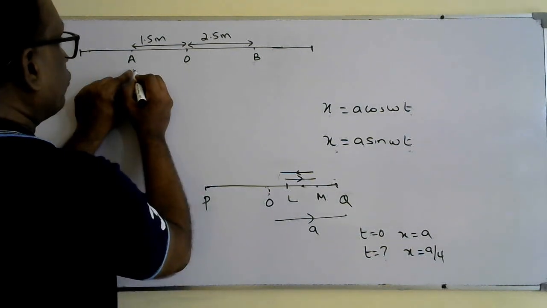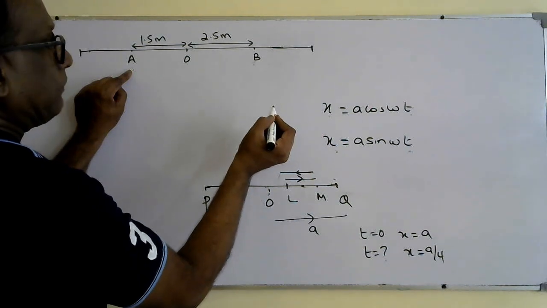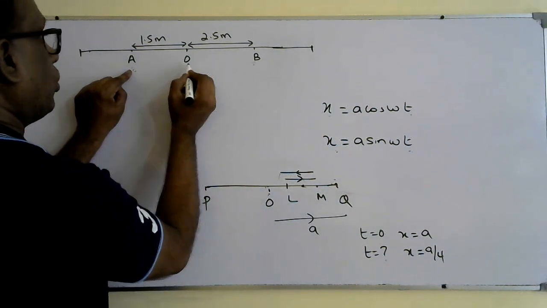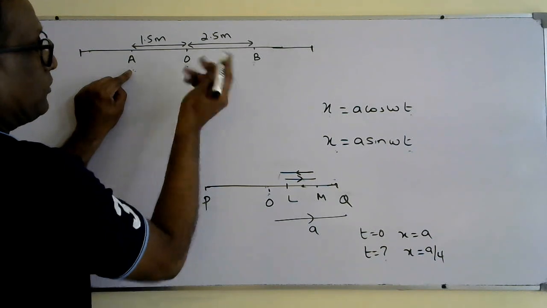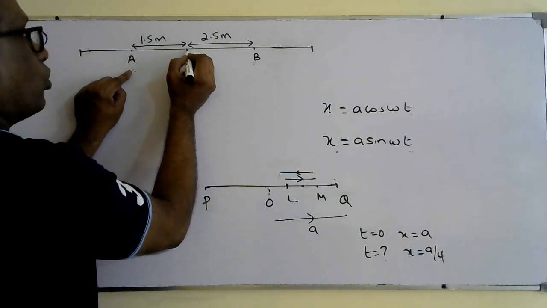So the time taken to move from A to B, if you want to find, we will find the time taken to move from O to A. We assume the particle was at O. How long will it take to travel from O to A?